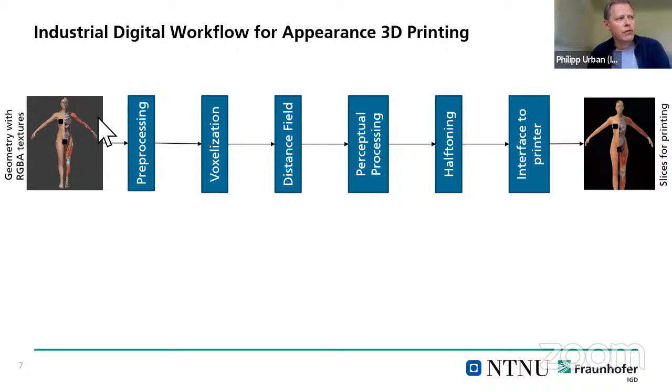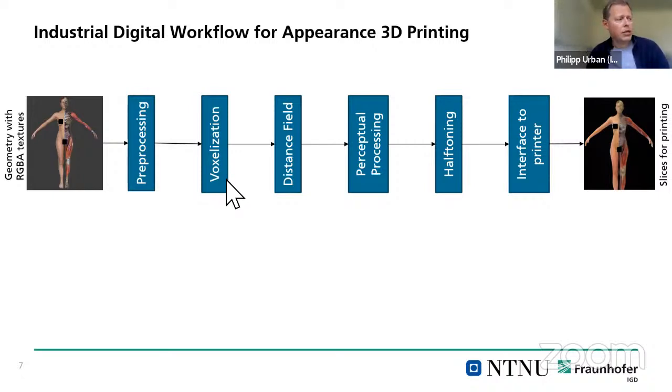And industrial does not mean that everything is already explored and it's basically a commodity, but for these single building blocks, these single components of the workflow, there is still a lot of research going on and a lot of room for improvement.